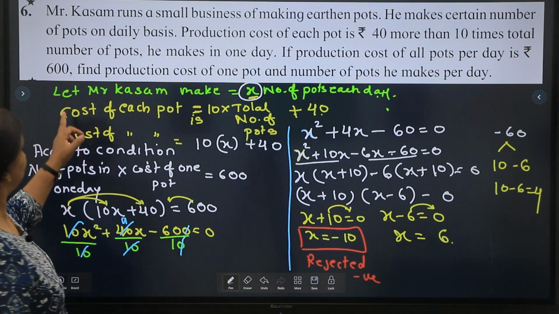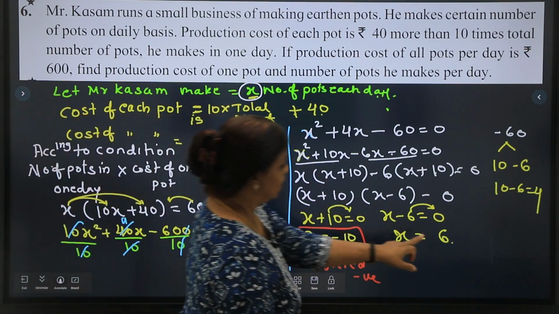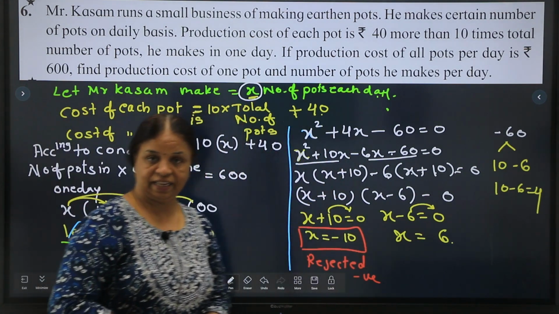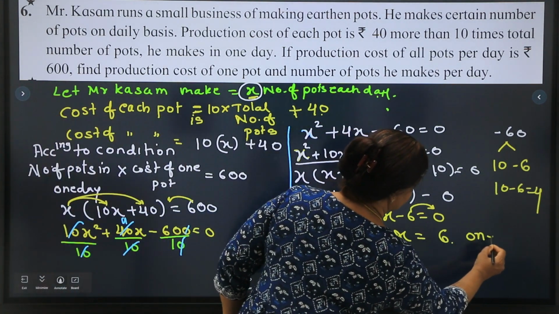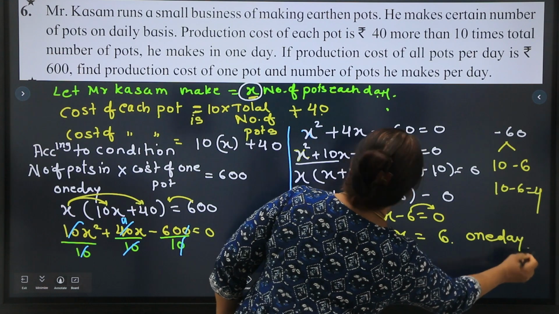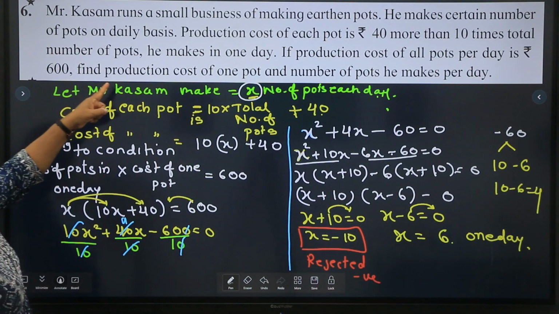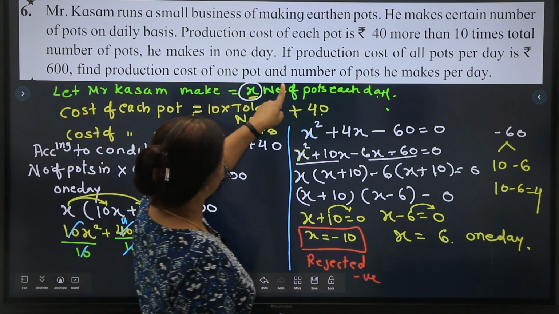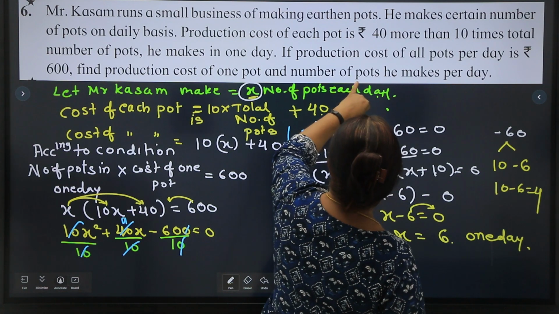So what we have assumed here? Let Mr. Kasam make 6 pots in one day. Okay. So in one day he is making 6 pots. And what is the production cost of one pot and the number of pots he makes? Number of pots he makes is 6.